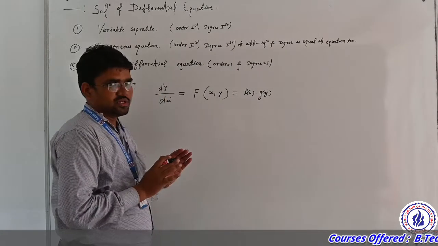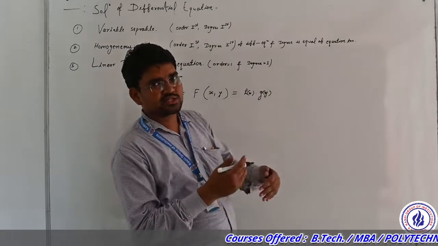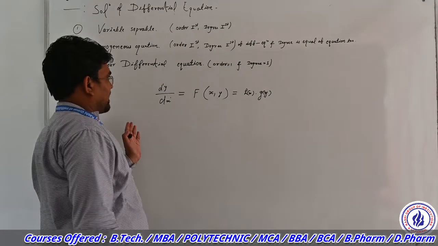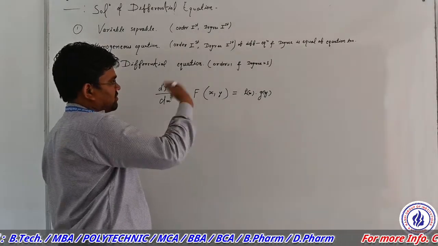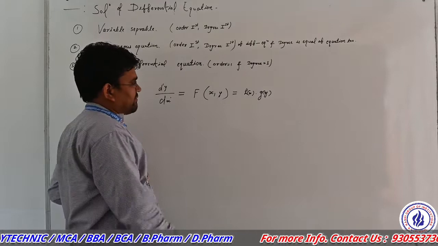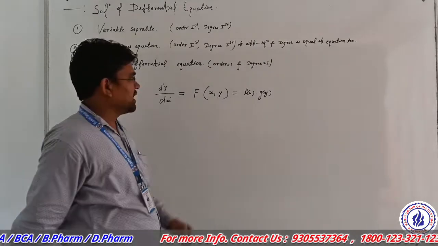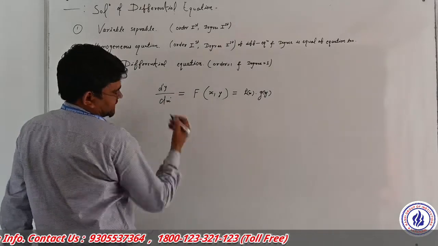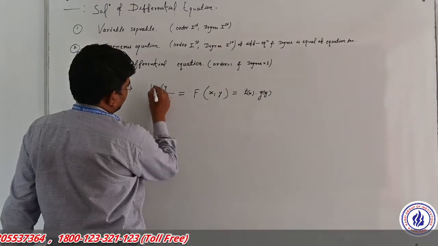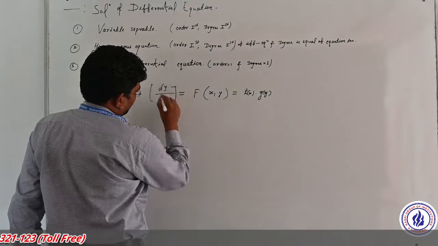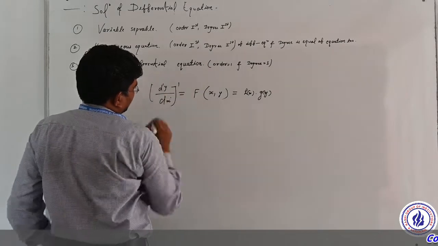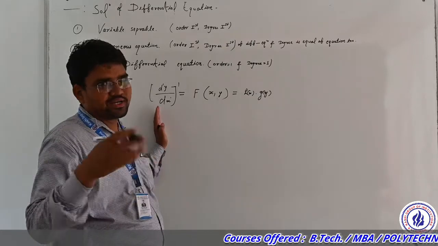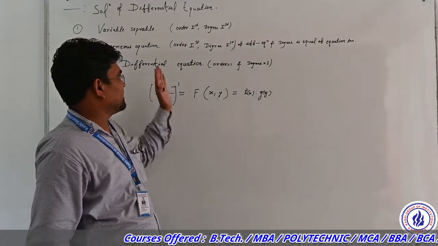If you have confusion, you must watch my previous video, in which I discussed the order and degree of any type of differential equation. Here we have dy by dx. Now for degree, we look at the power of the differential, y dash, y double dash, the power of the differential equation.